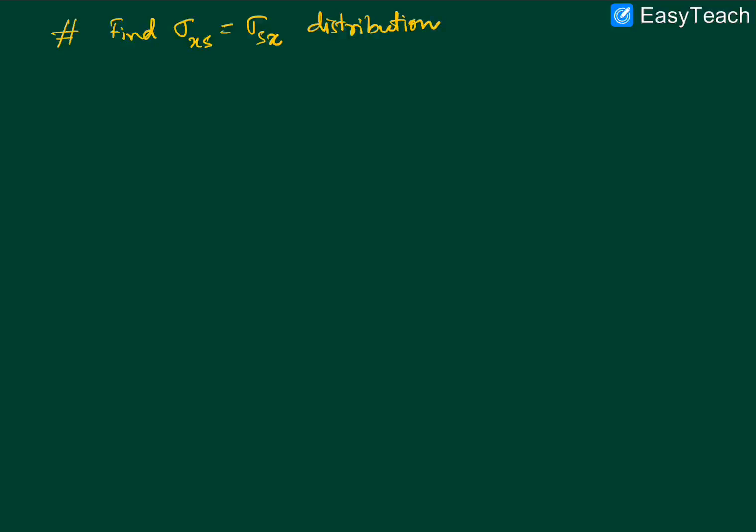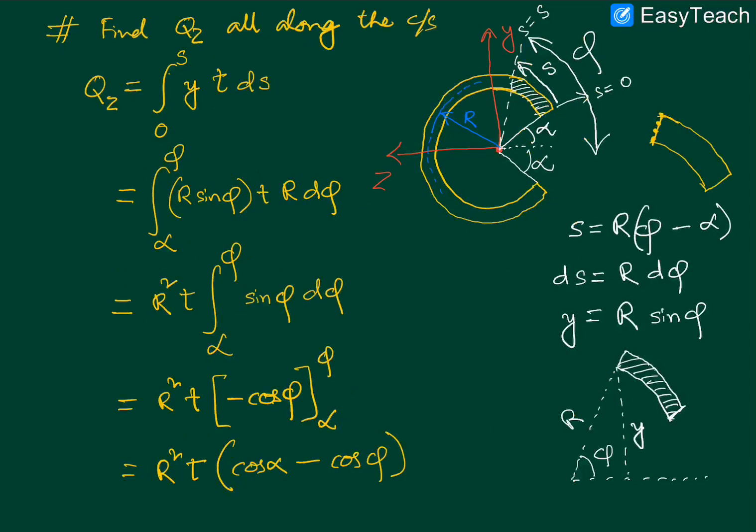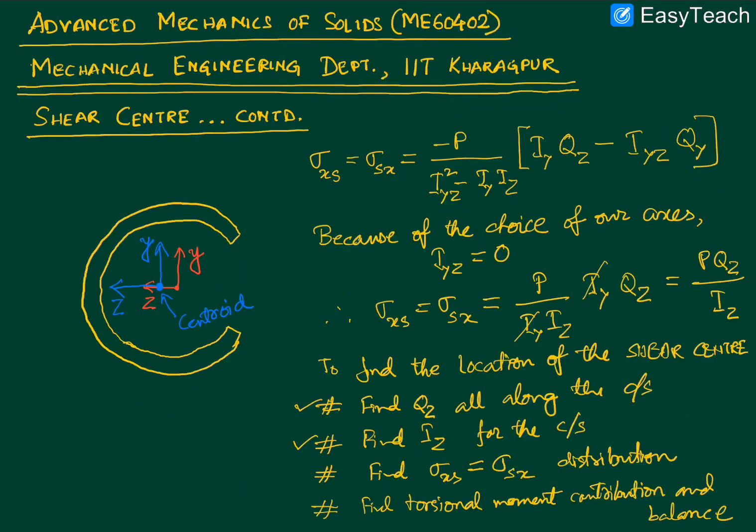Okay, so we'll find out the distribution for the shear stress, and let's refer to the formula once again. So we have here sigma xs is equal to sigma sx is equal to P Qz divided by Iz. I think I've made a small mistake here.